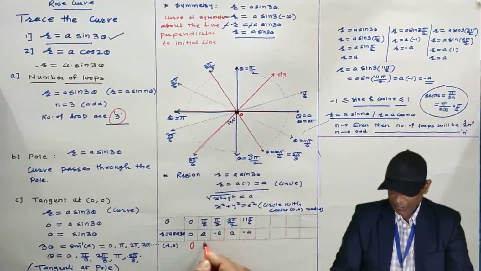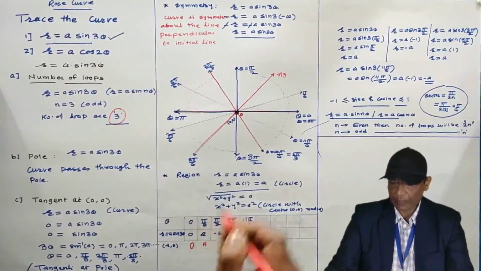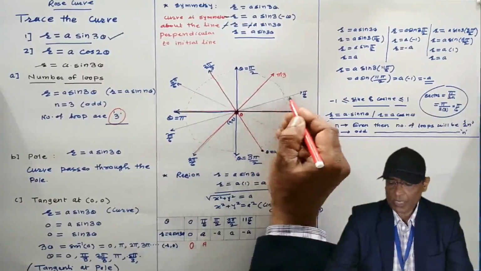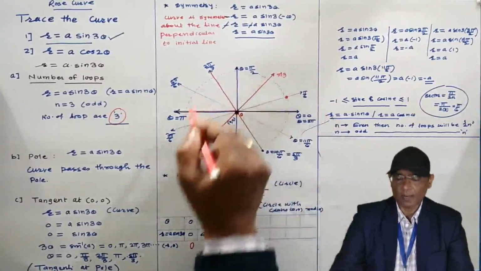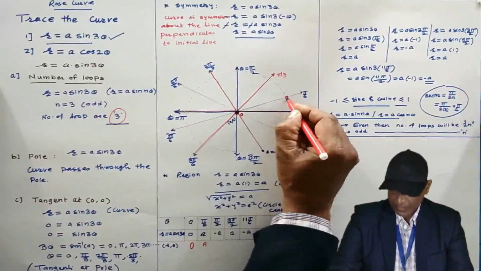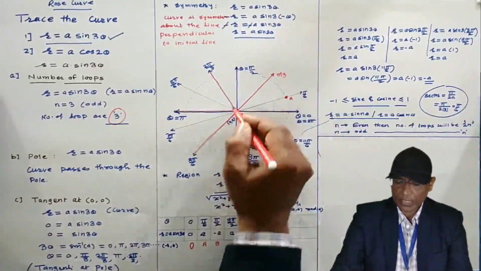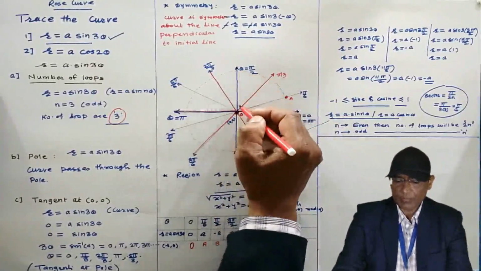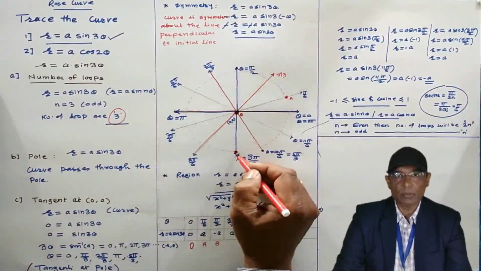Next point is point A. For theta equal to pi by 6, the value of r is a. I have drawn a circle of radius a by freehand. So this point I have obtained, and the name of this point for convenience I have given A. For theta equal to pi by 2, r is minus a, exactly in the opposite direction.